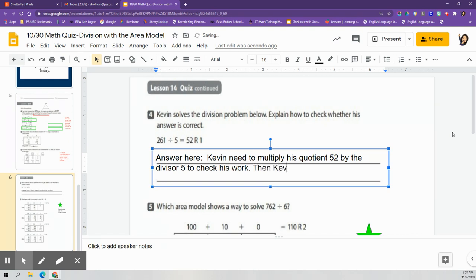Then Kevin needs to add the remainder back on. If he ends up with 261, then he knows he did his division correctly. So this is worth 2 points.